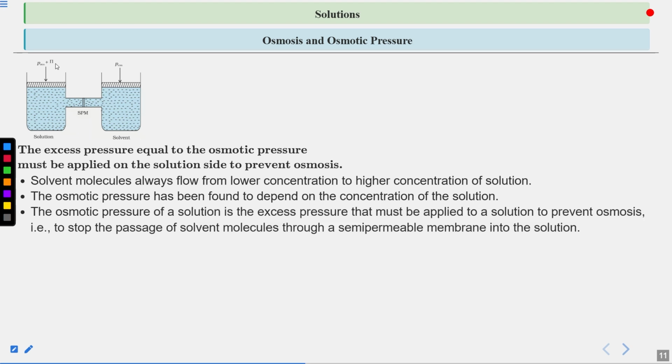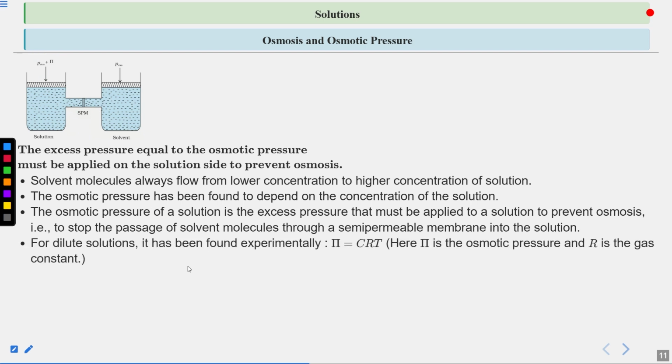If we apply some extra pressure apart from atmospheric pressure to stop the passage of the solvent molecules through a semi-permeable membrane, then it has been found that the pressure applied equals the concentration of the solution multiplied by R into T. This equation is very simple to understand.